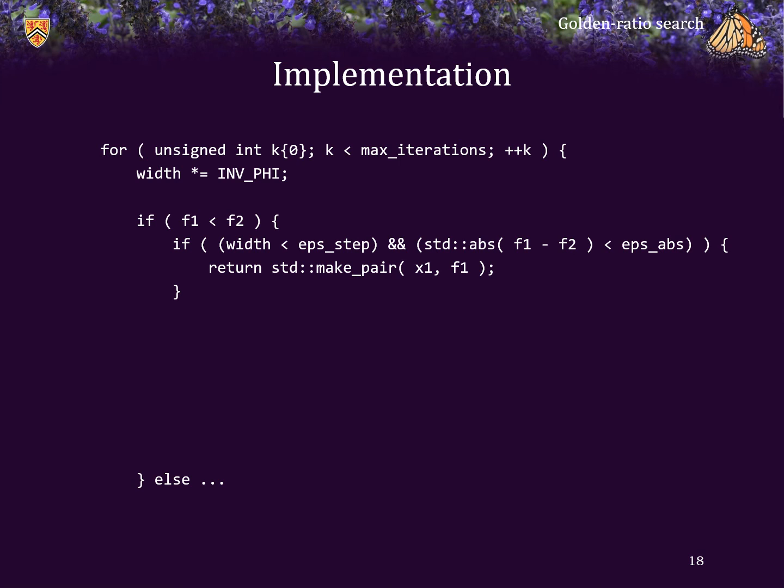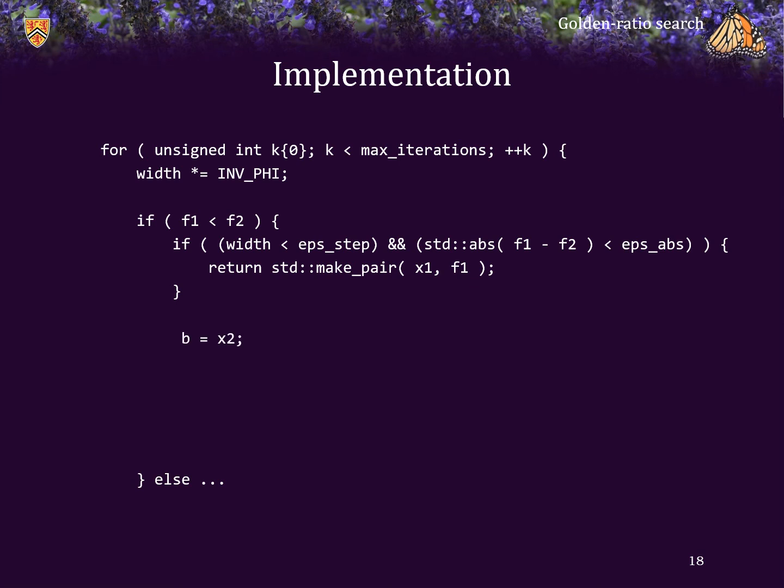Okay, so if the width as currently defined is less than epsilon step, that means the maximum error will be the width. Then if also the difference between f evaluated at the left and right interior points is sufficiently close, then we will return x1 and the value at x1 as being the minimum.